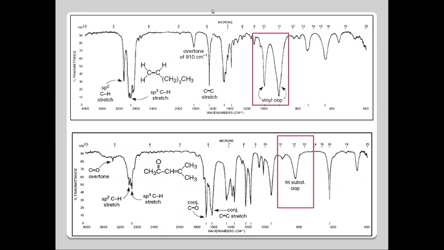So if you consider this spectrum, we have this typical monosubstituted ethylene system here. So you can see the sp2 hybridized carbon hydrogen stretching due to these hydrogens right here. Then the sp3 hybridized carbon hydrogen stretching vibrations due to the carbon hydrogen bonds in here.